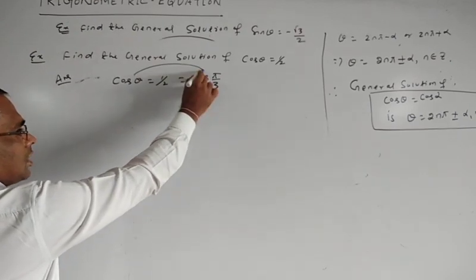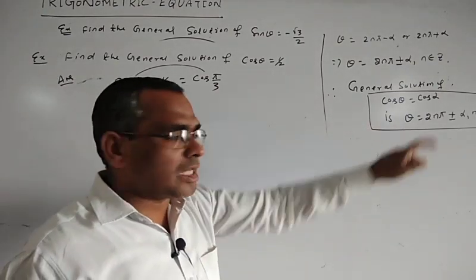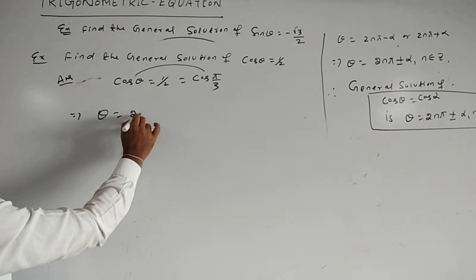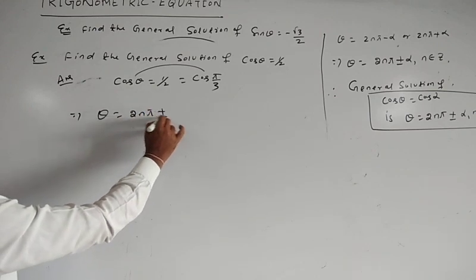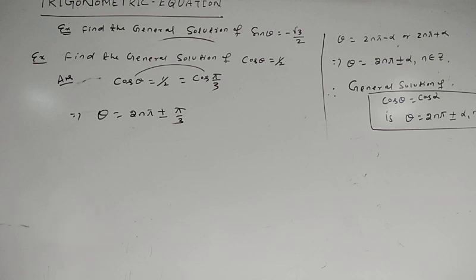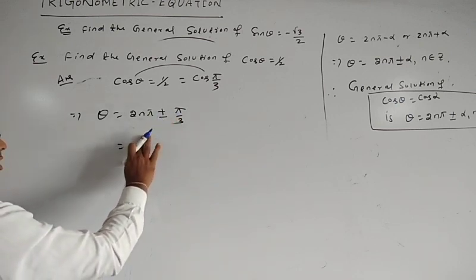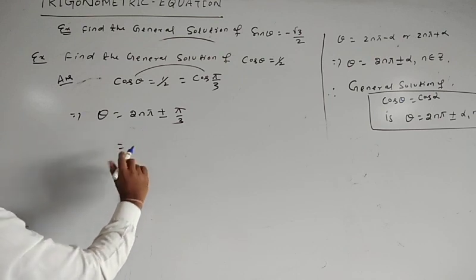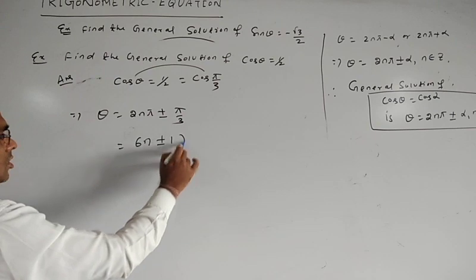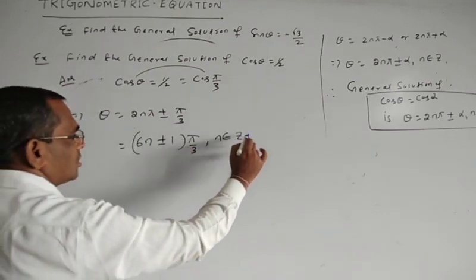You know cos theta is equal to cos alpha means theta is equal to 2n pi plus or minus alpha. That implies theta is equal to 2n pi plus or minus pi by 3. Taking the LCM, this is equal to 3, so here 6n plus or minus 1 into pi by 3, where n belongs to Z set.